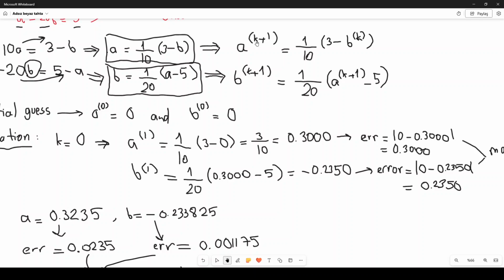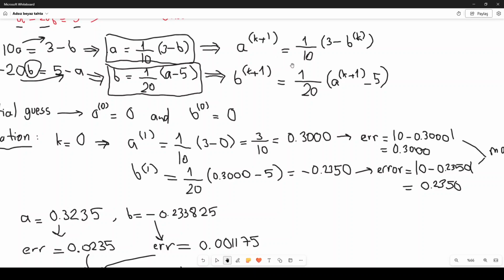So a to the power of k plus 1 is nothing but a tool that represents the iteration. If I take k equal to 0, that means we have a to the power of 1, which stands for the new value of the unknown variable a in the first iteration.